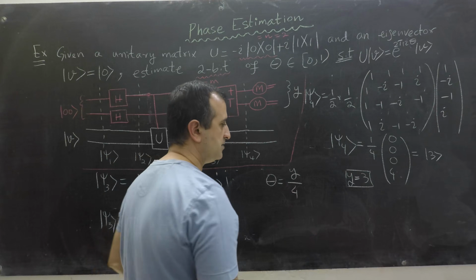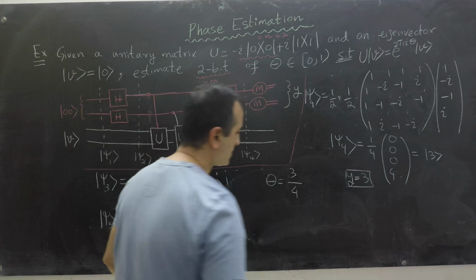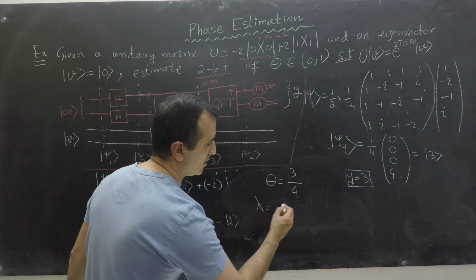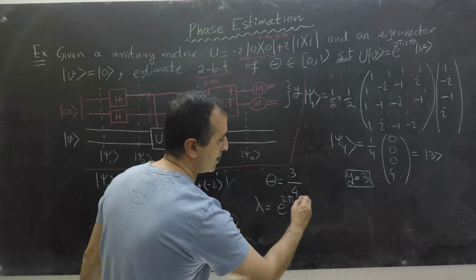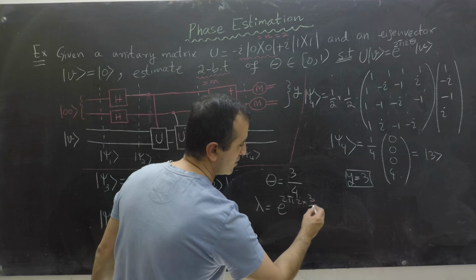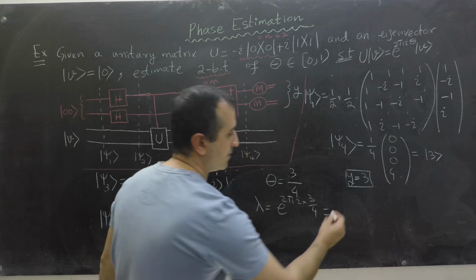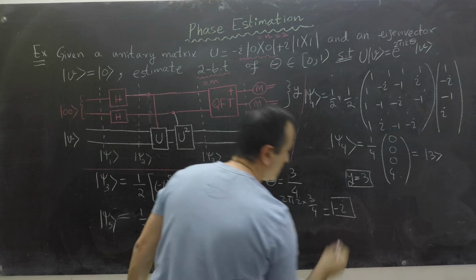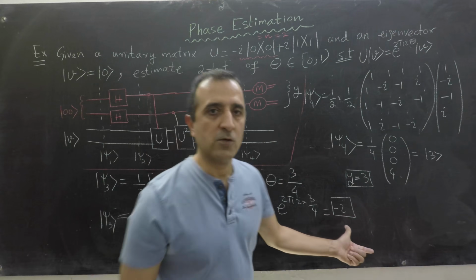As my y is 3, theta is equal to 3 over 4. That means my eigenvalue lambda will be equal to Euler's constant raised to the power 2 pi I times 3 over 4, that's my theta, 3 over 4. And this simplifies to minus iota, which is our correct eigenvalue.